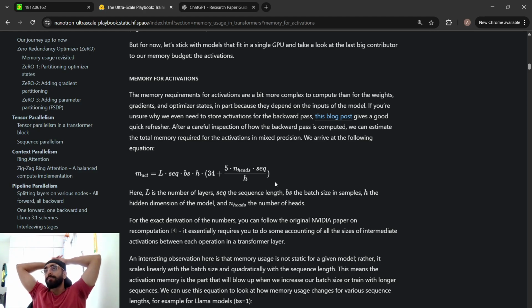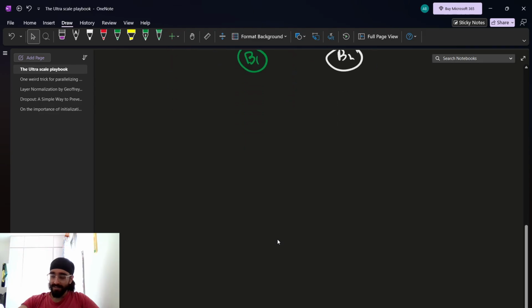The activation memory depends on some factors, one of which is whether we are using activation recomputation or not. Let me introduce you to the concept of activation recomputation.